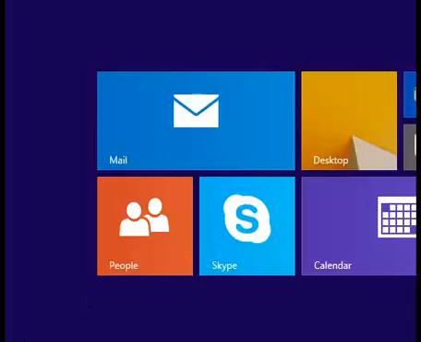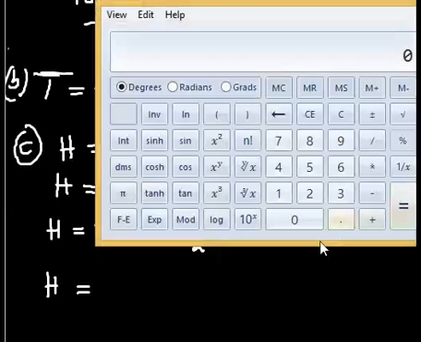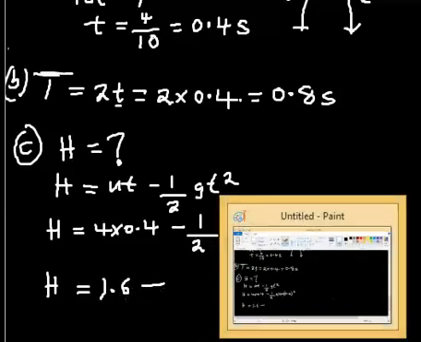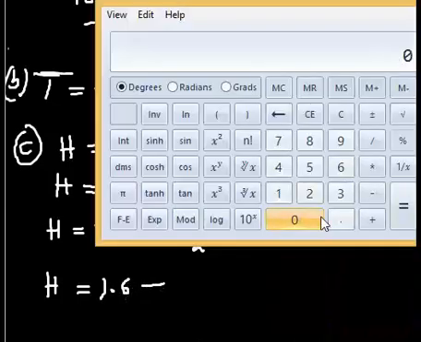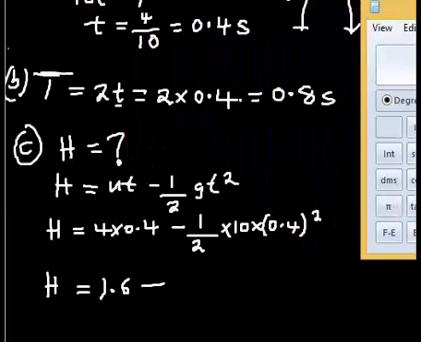So let's calculate. 0.4 times 4 is 1.6. Minus half of 10 is 5, then 0.4 squared is 0.16, times 10 is 1.6, then of course divided by 2.